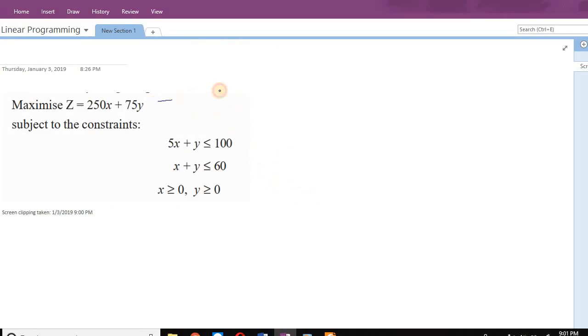So all of these expressions here, they all are sums of terms, and each term is a constant times a variable.